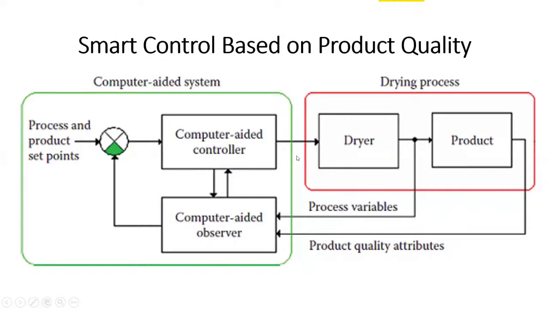So in this process, we only determine the set point at the beginning, but how the temperature changes from time to time during the drying operation really depends on the condition of the product during drying.